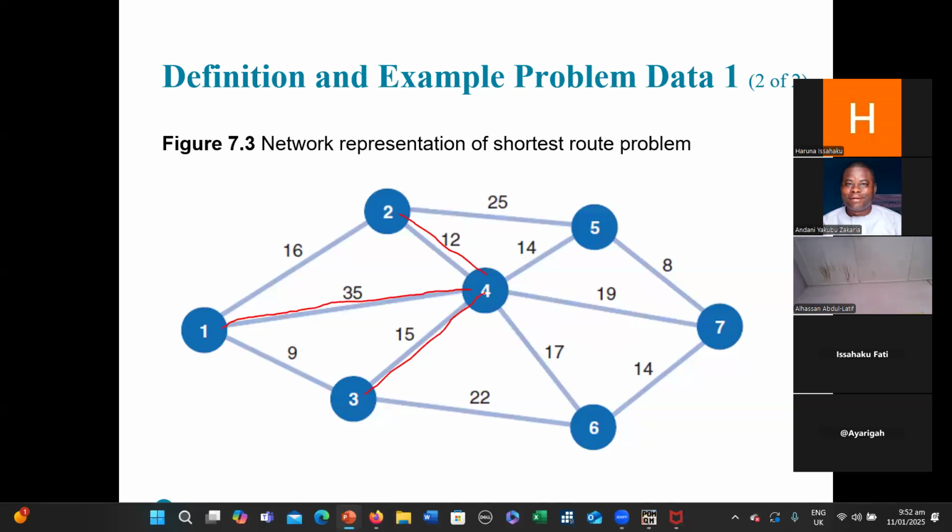Only one of them will be the optimal connection to node 4. So what flows to node 4? Node 4 also gives out, connected to 5, connected to 7, connected to 6. So that's why you see that one to be long.